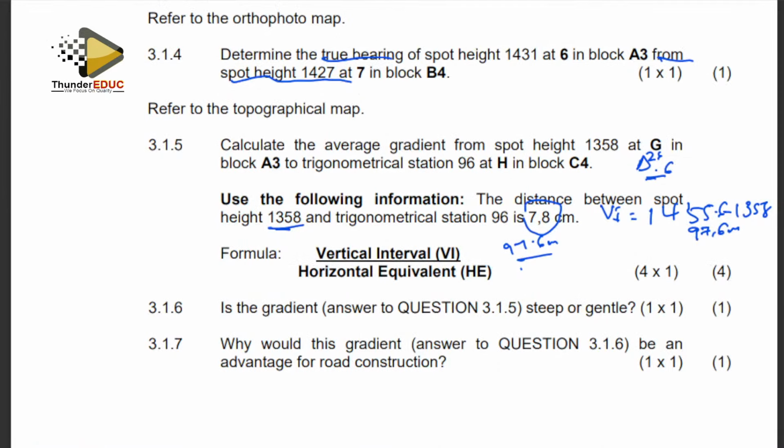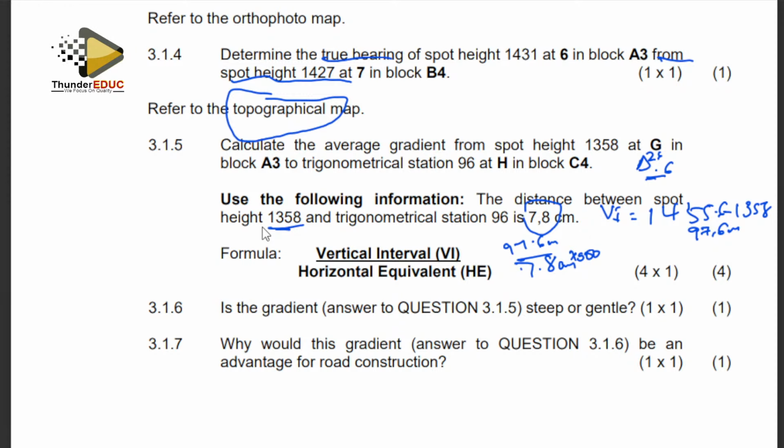The good thing is that in this question the distance was given, which is 7.8 centimeters, and 7.8 centimeters we multiply it by what? By 500. Why 500? Because the map we are using in this question is a topographic map. Please don't forget, 500 meters, 0.5 kilometers.